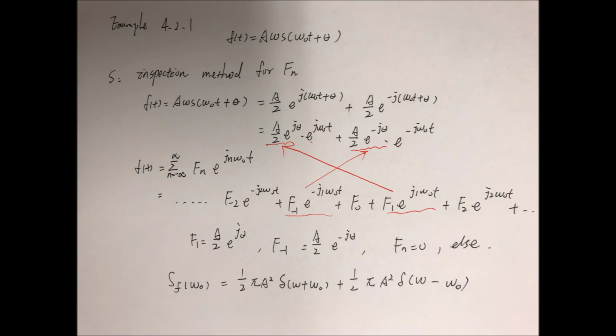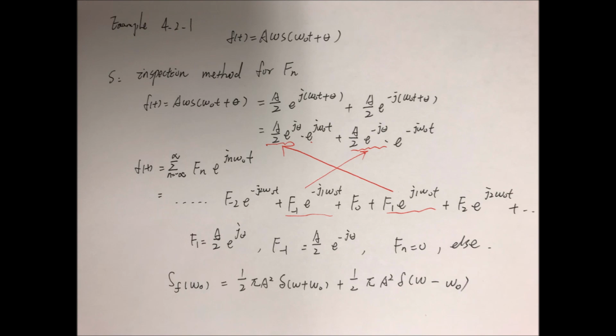I rewrite it by using Euler's equation. Cosine will be the definition of complex exponential. Number one, we use Euler's equation, right?